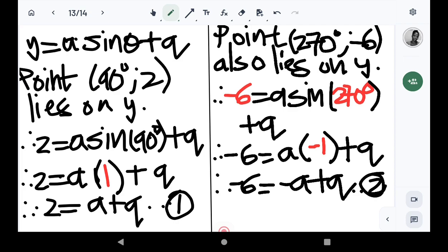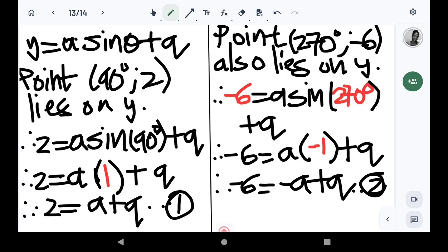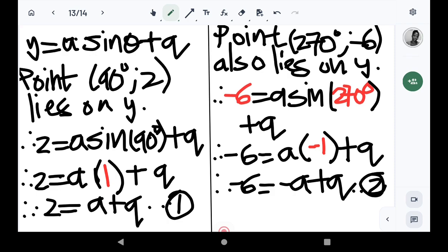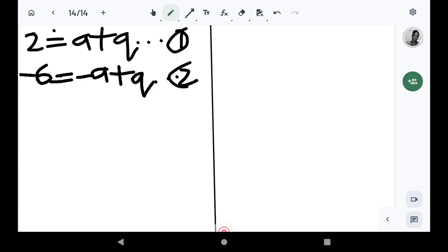So now you've got your two equations. Let's list them. The first equation is 2 equals A plus Q. The second equation is negative 6 equals minus A plus Q. Now you go ahead and solve these simultaneous equations.